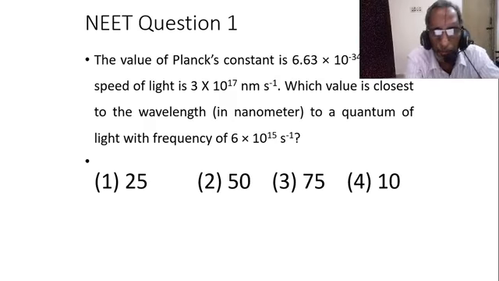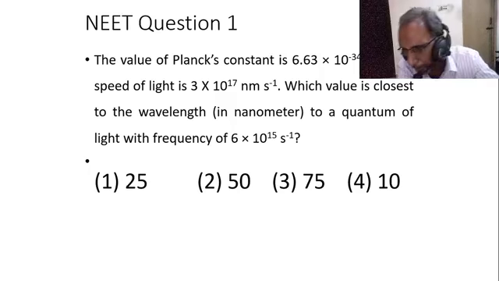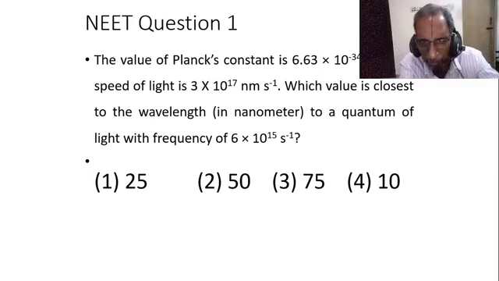Next question. The value of Planck's constant is given, speed of light is also given. Which is closest to the wavelength in nanometer of a quantum of light with a frequency of 6 into 10 power 15 second inverse? Everybody please listen, if you have any doubt you can ask.